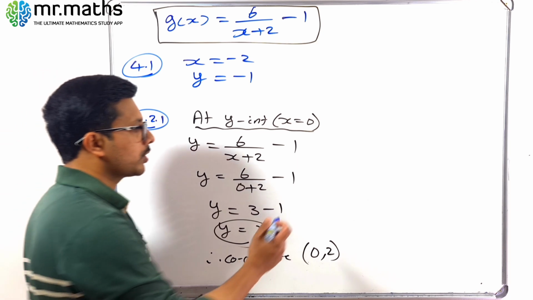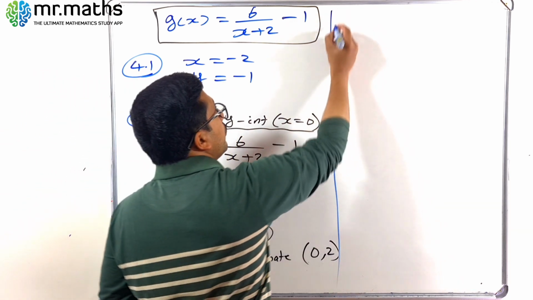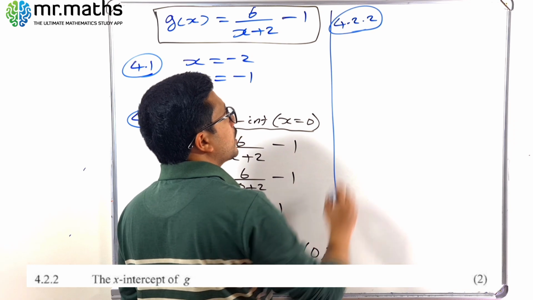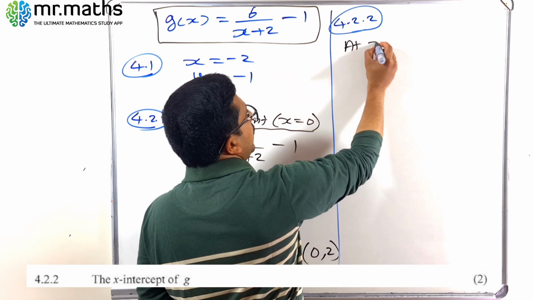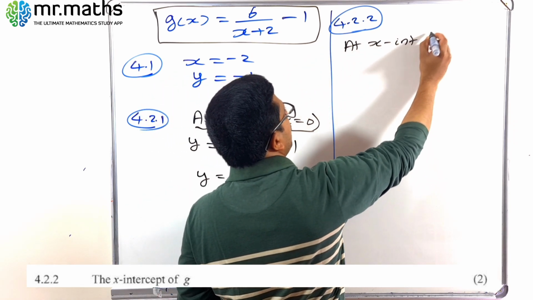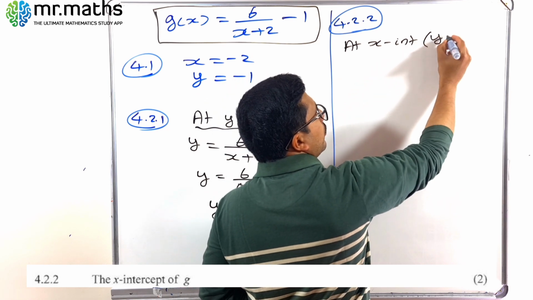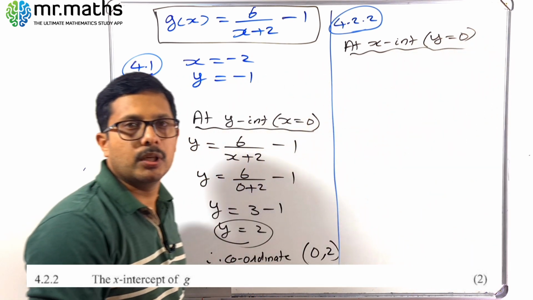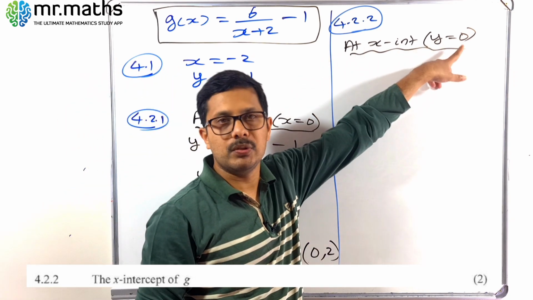Now the next question is 4.2.2, the x-intercept. The same applies. At the x-intercept the y value is 0.